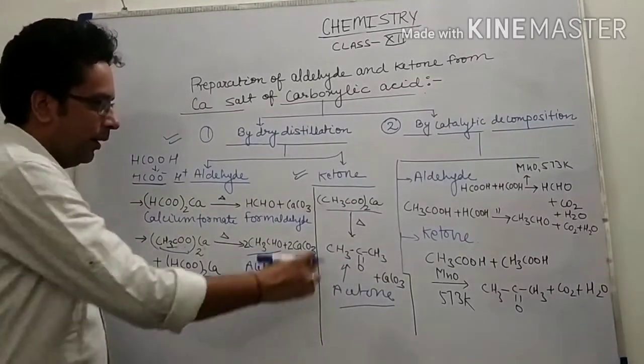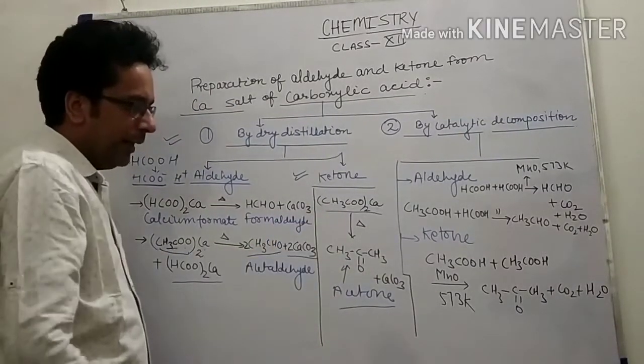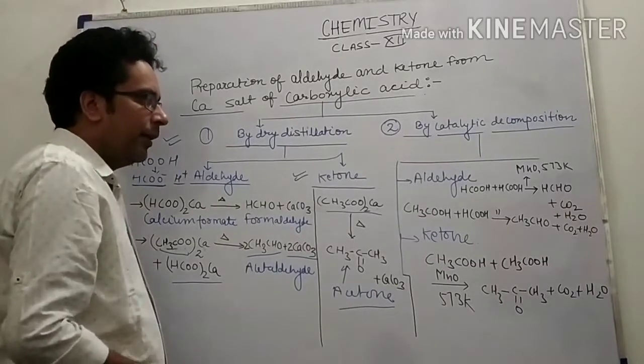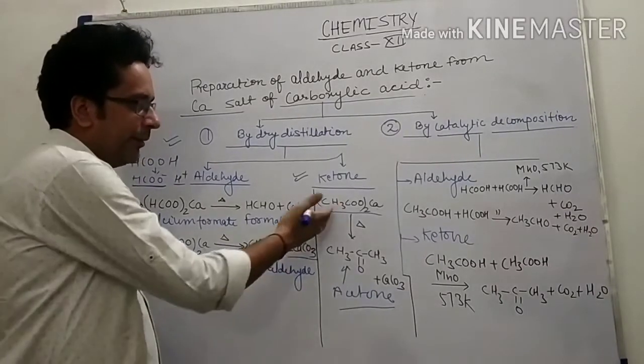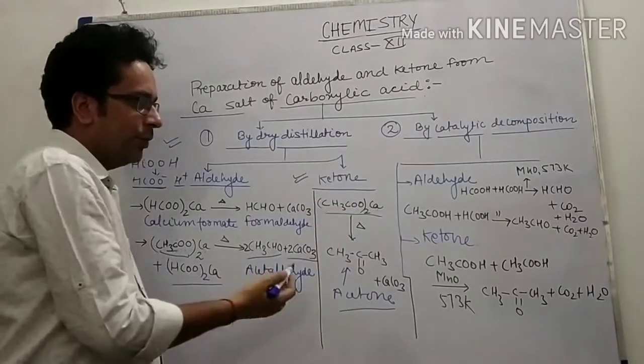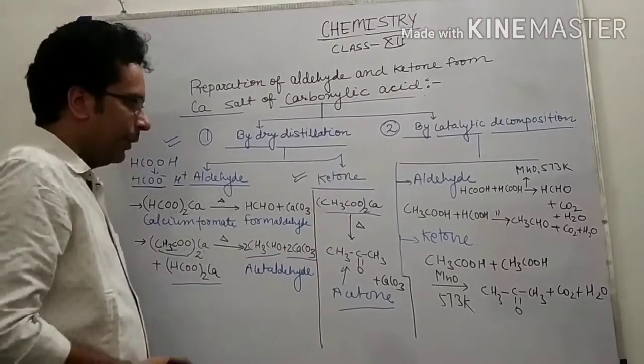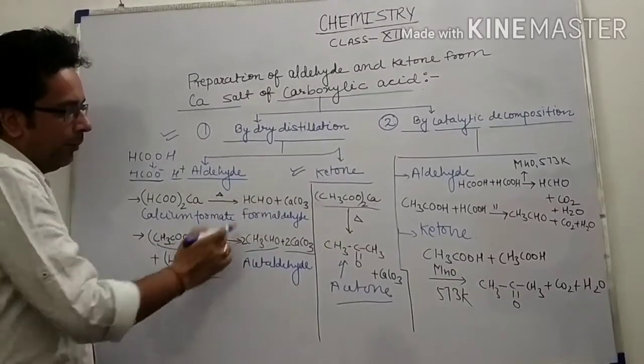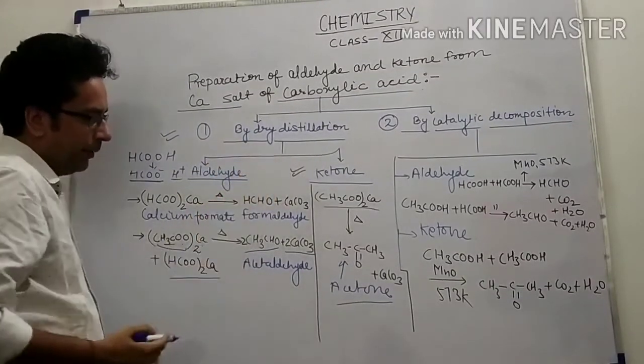In case of ketone, we can also prepare unsymmetrical ketone when we take different types of calcium salt of carboxylic acid. So this is the first method, by dry distillation method.